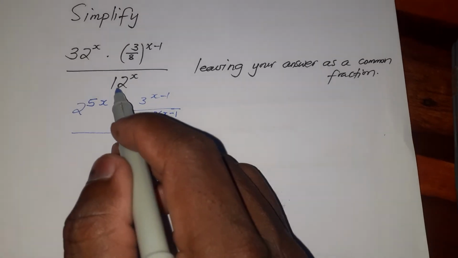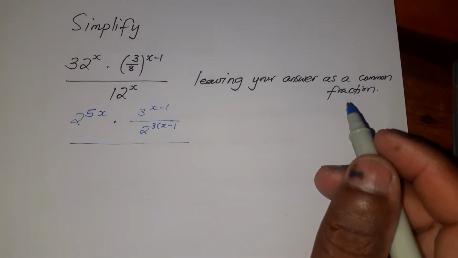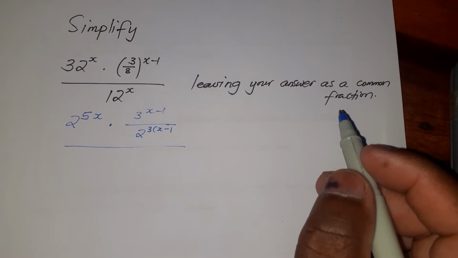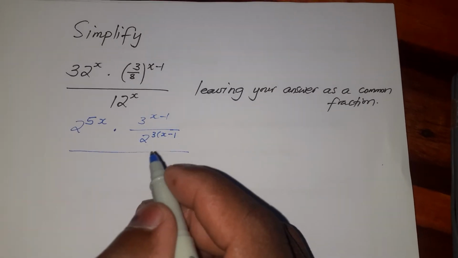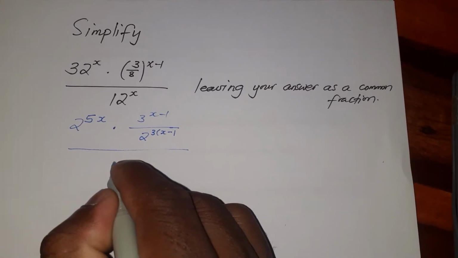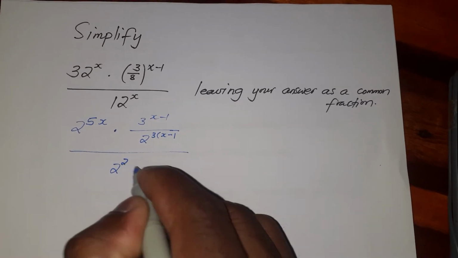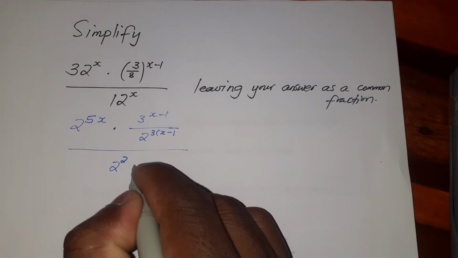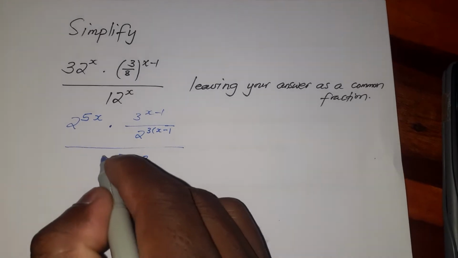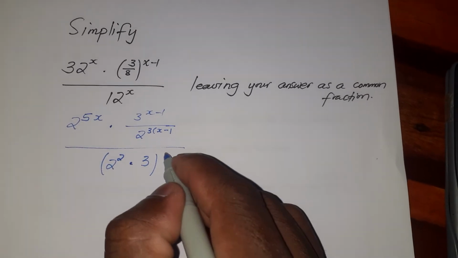Underline that. Or we can also write 12 as a product of its prime factors, so that we can have 2 to the power 2 times 3. Some steps I'll skip.